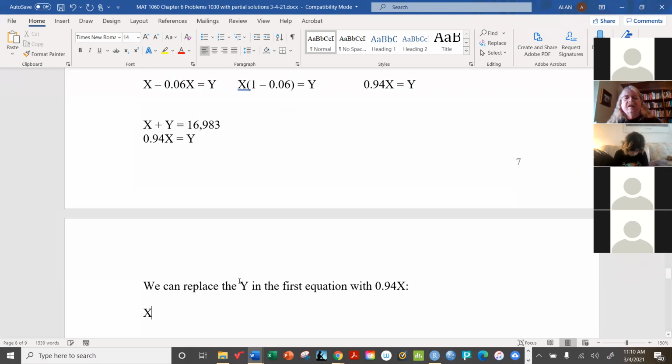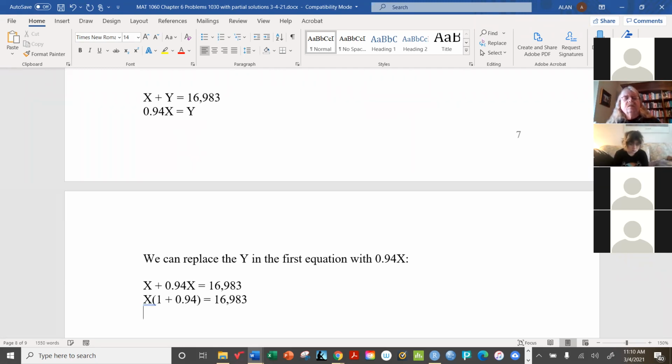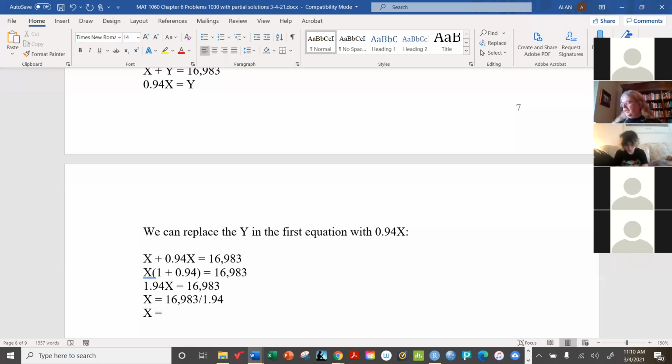So that would mean we'd have X plus 0.94X equals 16,983, or it turns out this is equal to 1.94X is 16,983, and therefore we divide both sides out. Whatever this number is, it's the correct answer for X. That would be the number of students in the first year, 2017. Now here it's 8754.